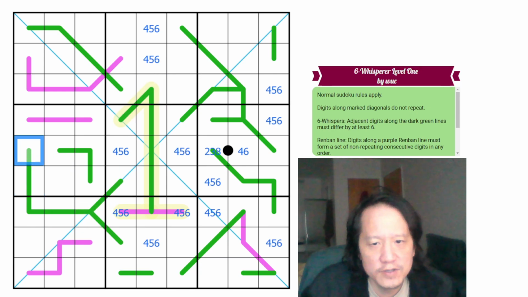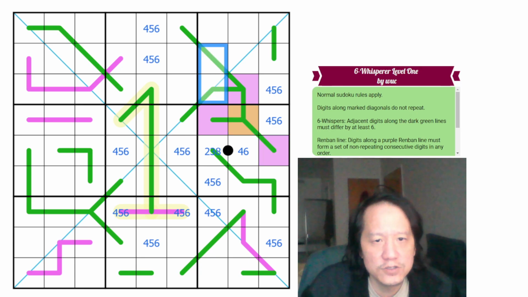Let's do this one. This is one set, this has to be the other set, and this is one set. That has to be also the pink set. These two must be orange, and these two, therefore, must be pink, because they're next to an orange.